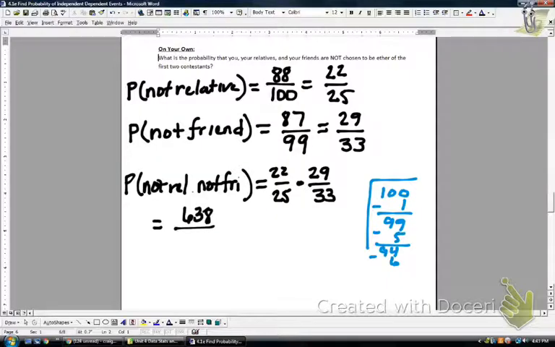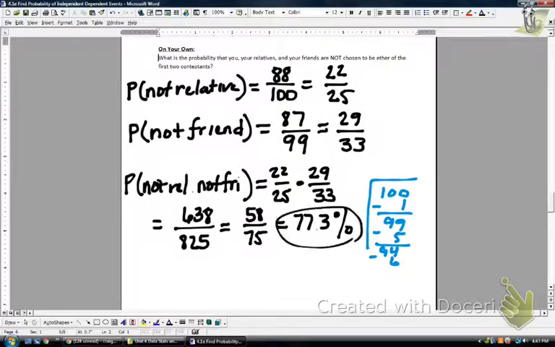And then 25 times 33, do that on a calculator, is 825. That simplifies to 58 over 75, which is 77.3%. So you have a way better chance that you or your relatives or your friends are not going to be picked to be contestants on that game show.